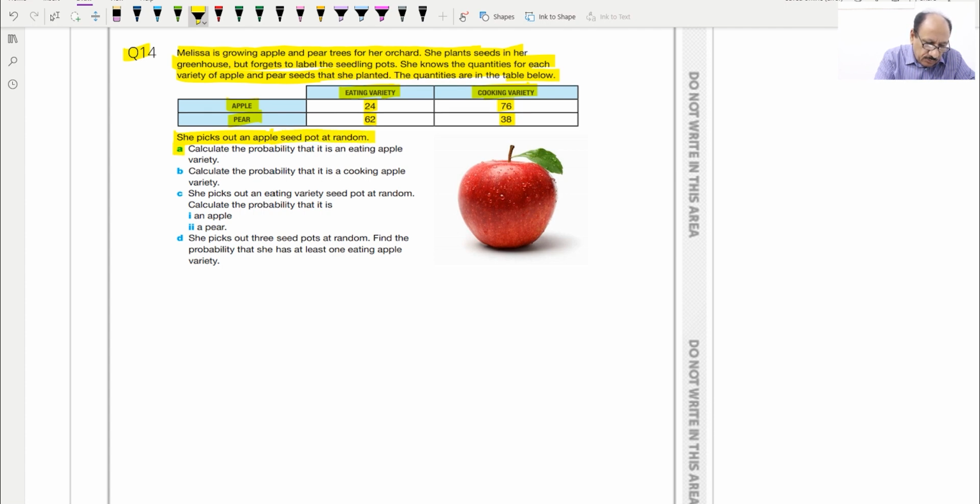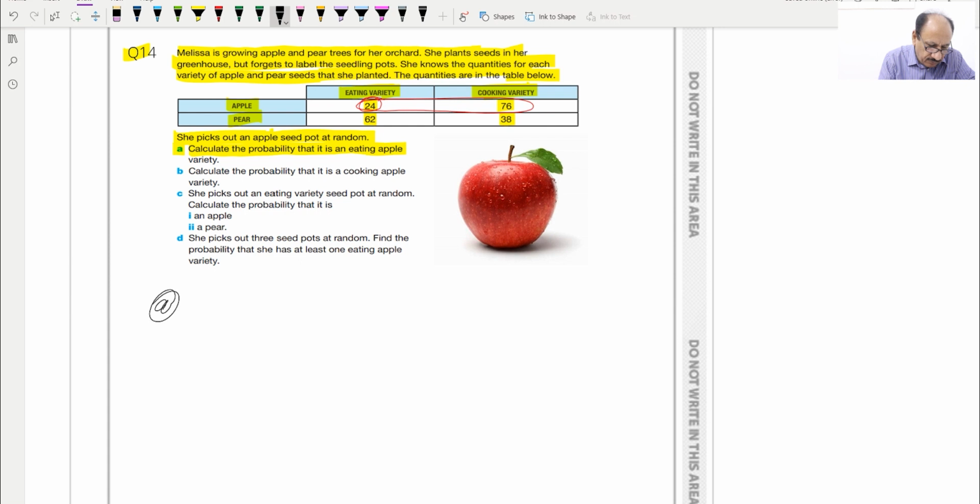So she picks up an apple seed pot at random. A part, calculate the probability that it is an eating apple. So for eating apple, we know these are eating apple, and total apples are 24 plus 76. So successful outcome divided by the total outcomes.